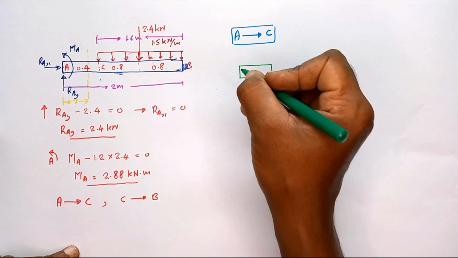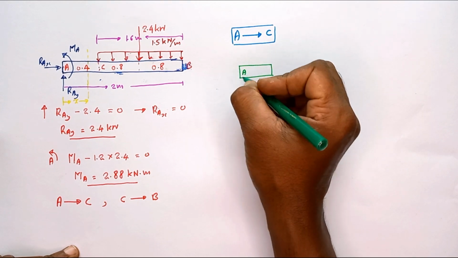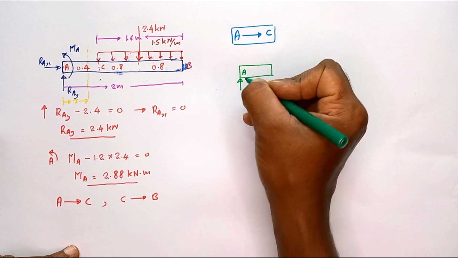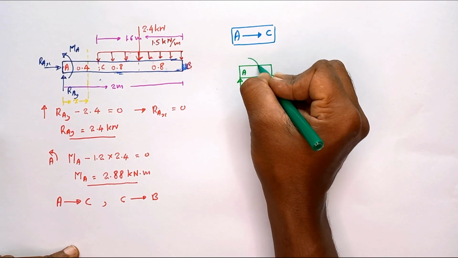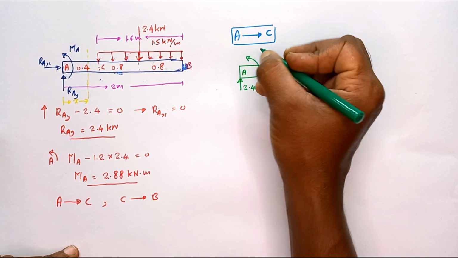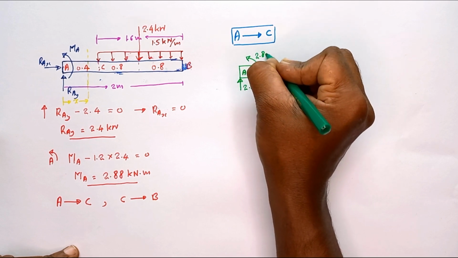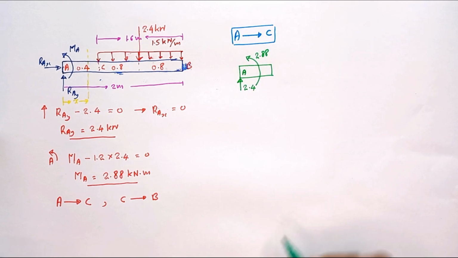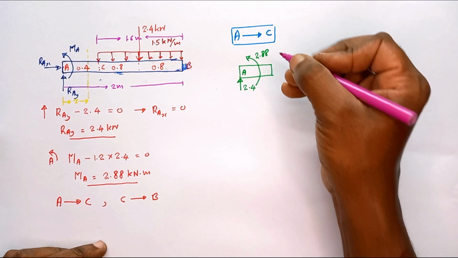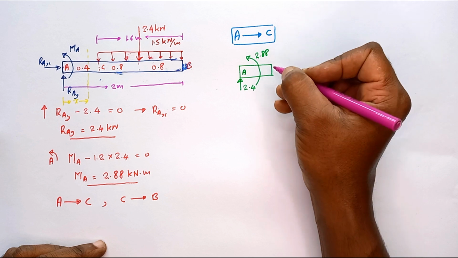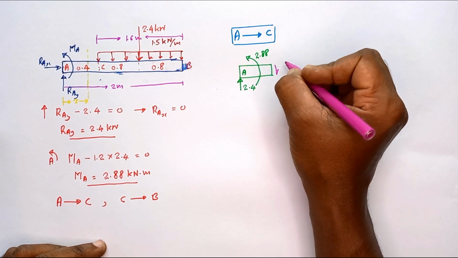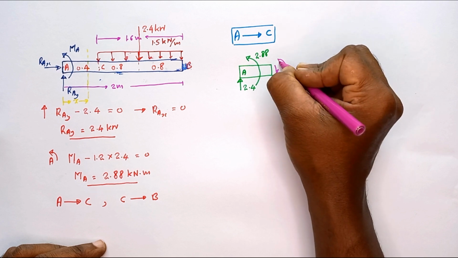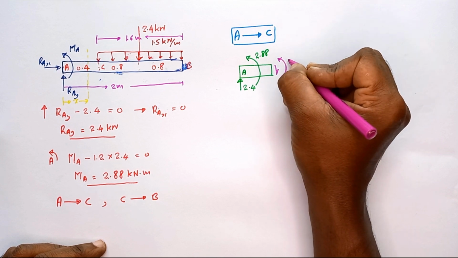Here this is the separated beam part, this is the A end. Then these are the forces acting: the 2.4 kilonewton force and also the moment MA, 2.88 kilonewton meter. And also we have to mark the shear force and bending moment. This is how we mark the shear force in the positive way, and this is how we mark the bending moment in the positive way.